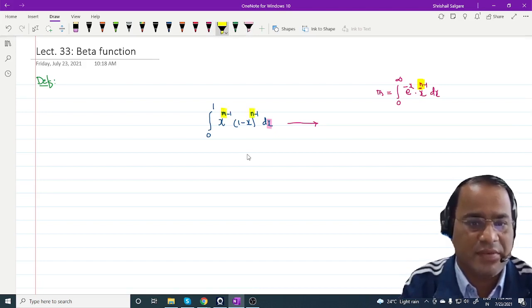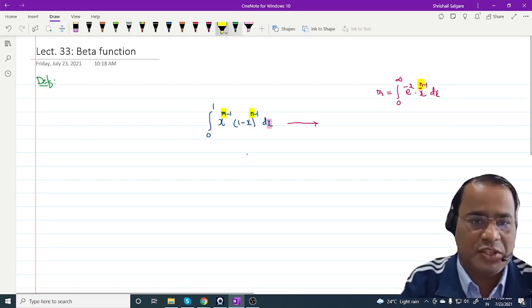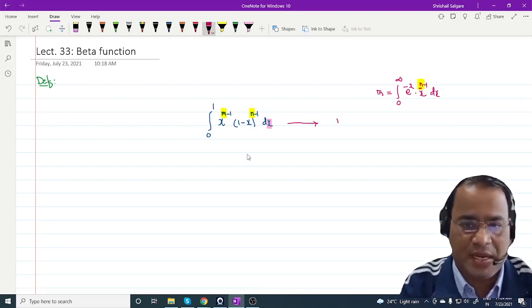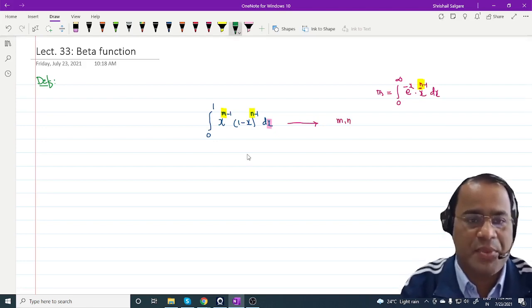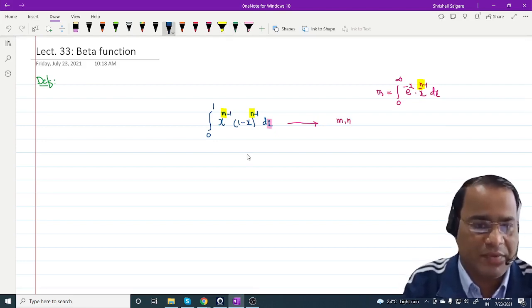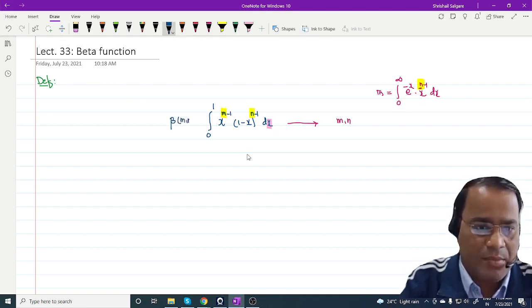In this case, you have the two parameters m and n. So this defines a function of the two parameters m and n, and it is called a beta function, denoted as beta of m and n.